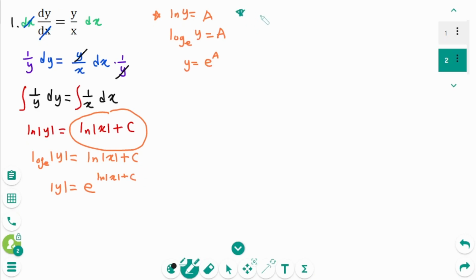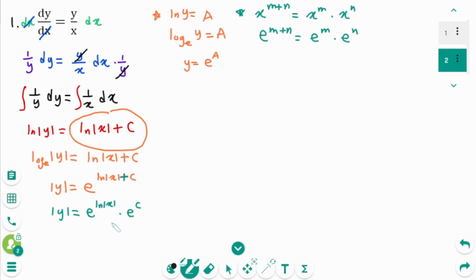Use the formula x to the power of m plus n equals x to the power of m times x to the power of n. So e to the power of m plus n equals e to the power of m times e to the power of n. Then this part, absolute value of y equals, this is plus, then e to the power of ln absolute value of x times e to the power of c.